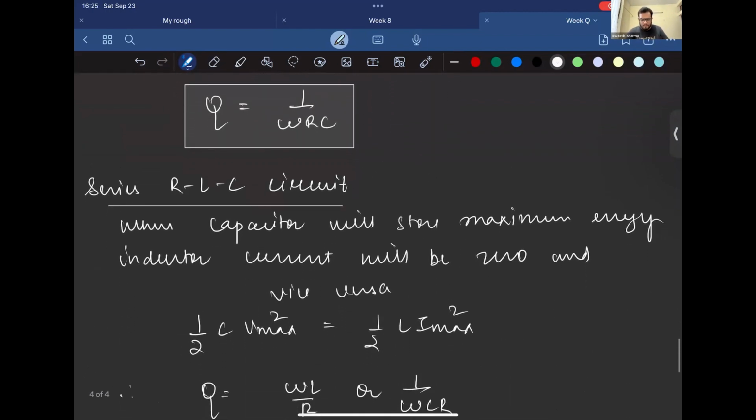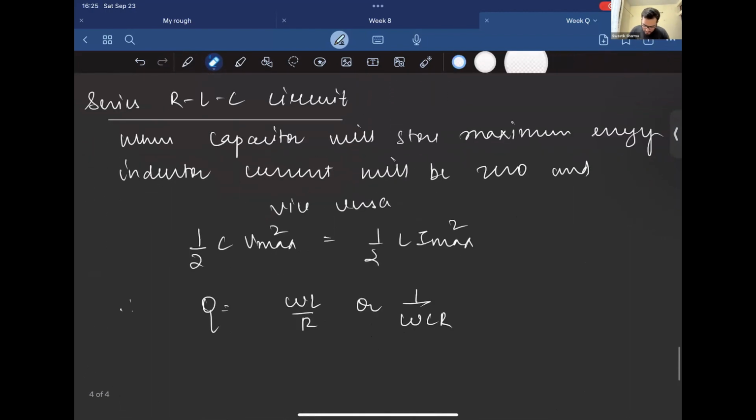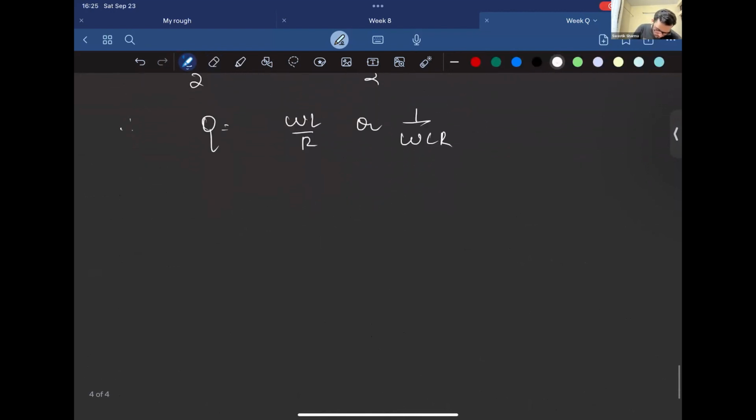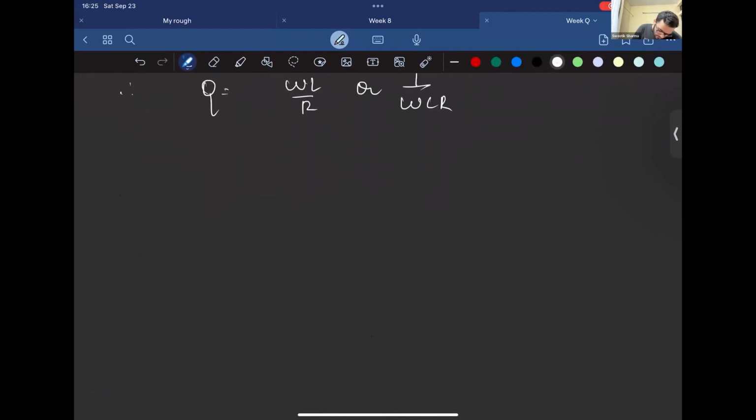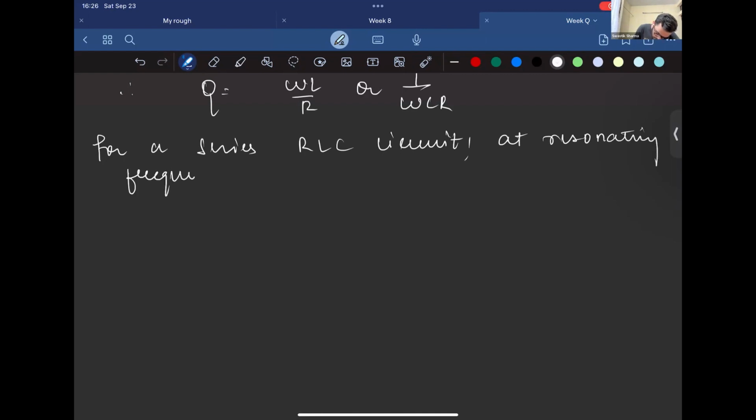Right. So now I want to discuss one more thing. As I told, what would happen at resonant frequency for a series RLC circuit? At resonating frequency, I is maximum, right?